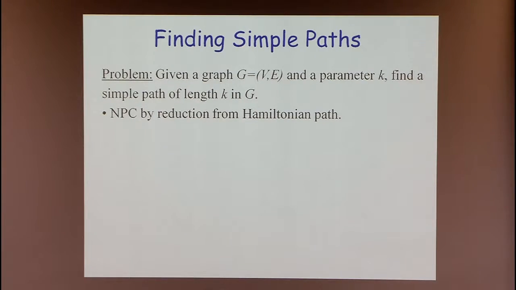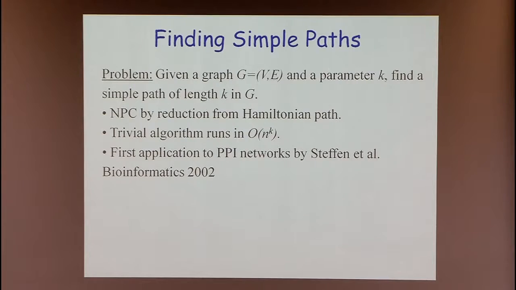So it turns out that this very simple problem is already NP complete. So maybe there is nothing you can do about it. Unless you are willing to invest n to the k time and simply try all combinations of k vertices that will give rise to this path. Now, the first application of such exhaustive algorithms for PPI networks that I'm aware of was done by Steffen et al.